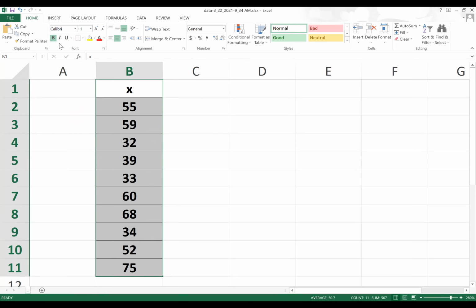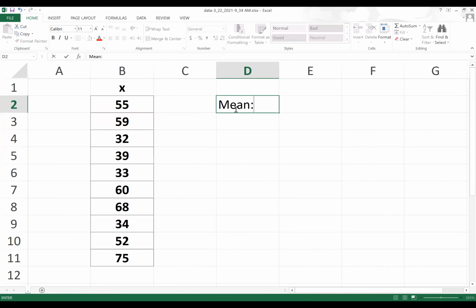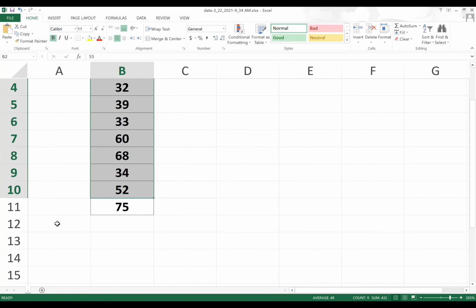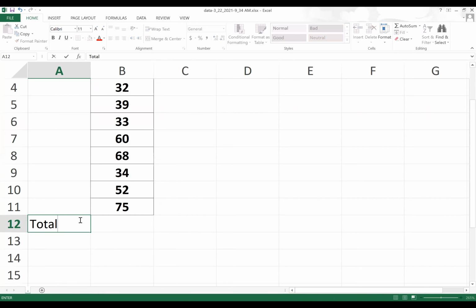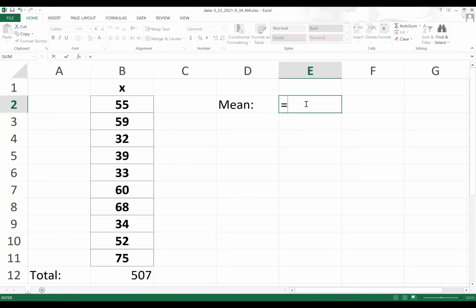First of all, we calculate the mean. So the mean should be, add up all these numbers. You can use the auto sum. You get 507, and then divide by 10.